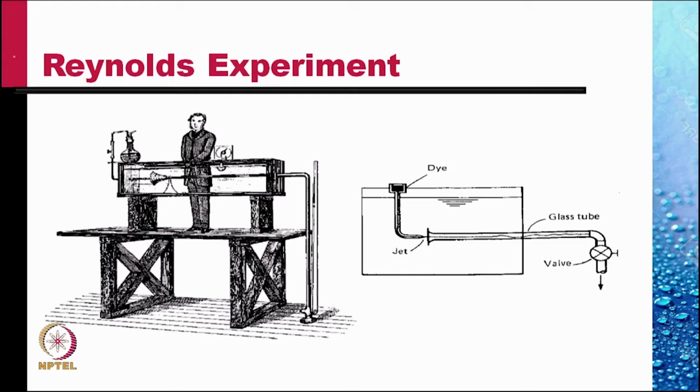To study the behavior of the fluid, Reynolds injected a dye at the center of the tube.